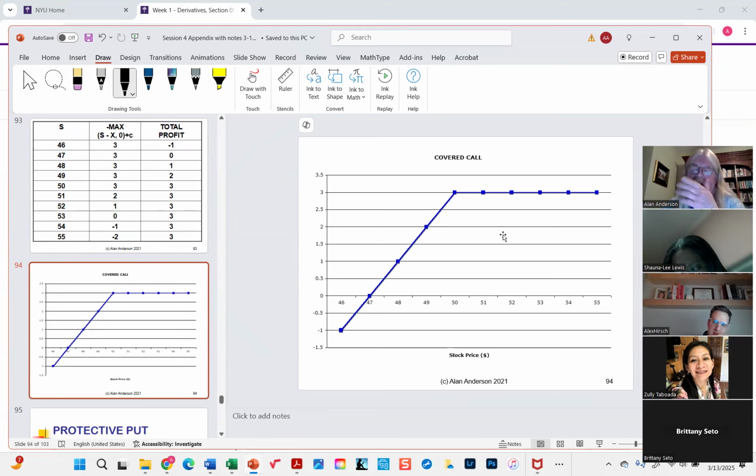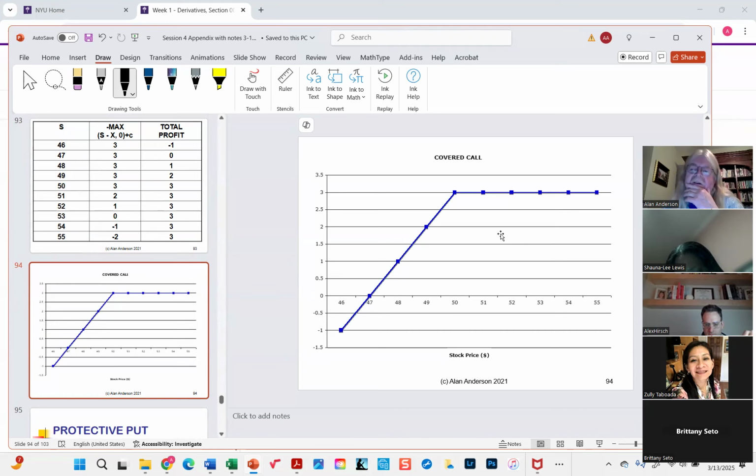So what I'm doing is setting up a position where I'll collect $1, and if the option is not exercised, I get to keep the $1. If the option is exercised, I'll end up with $50 because that's how much the strike price is. So you're basically being pessimistic about your stock and putting your money in your pocket at the same time.